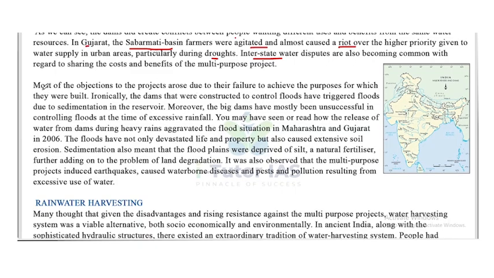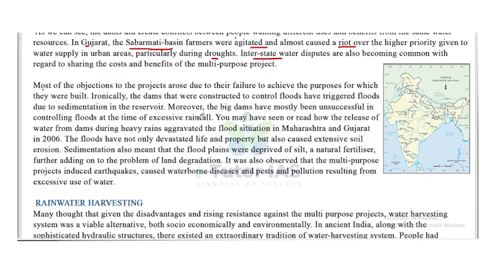Now, most of the objections to the projects arose due to the failure to achieve the purpose for which they were built. Ironically, the dams that were constructed to control floods have triggered floods due to sedimentation in the reservoir. Moreover, the big dams have mostly been unsuccessful in controlling floods at the time of excessive rainfall.